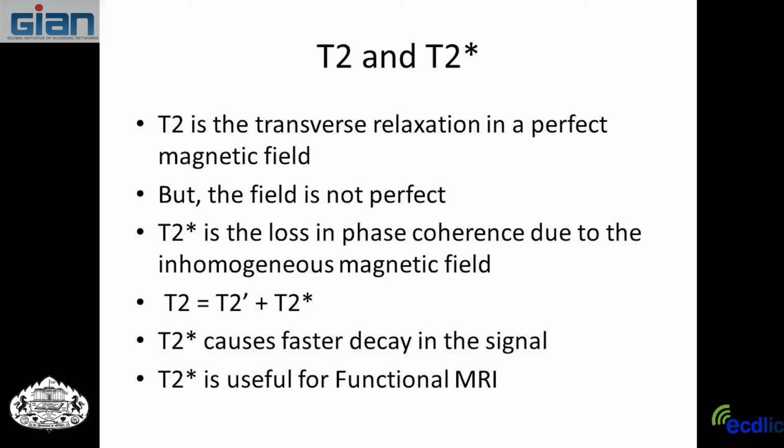So this T2 star causes a faster decay in the signal, and while it's inconvenient for anatomical imaging, we'll see later that this T2 star is actually what we use when we look at functional magnetic resonance imaging.